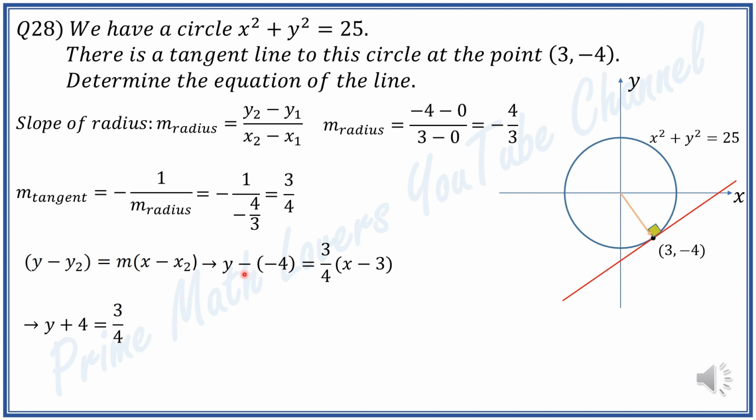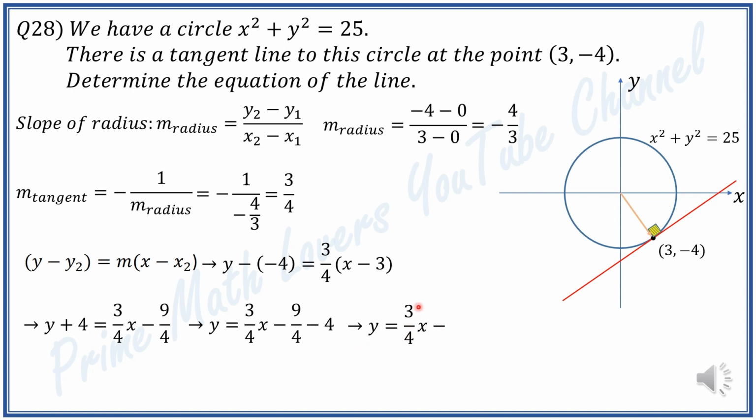Or we can simplify, negative and negative will be positive. y plus 4 is equal to 3 over 4x. We expand it, minus 9 over 4. Or y is equal to 3 over 4x minus 9 over 4 minus 4. We can take minus 4 to the other side and the sign will be negative.